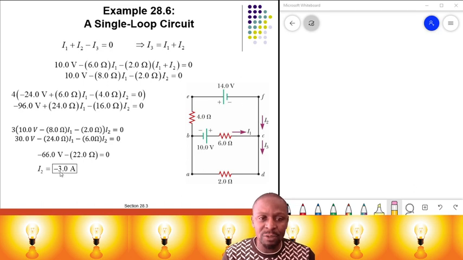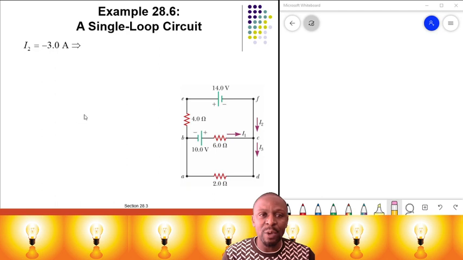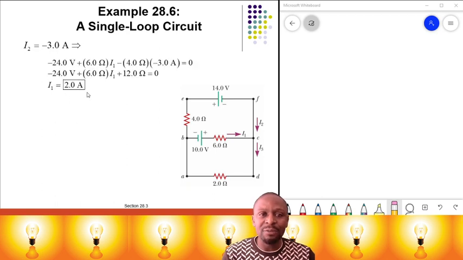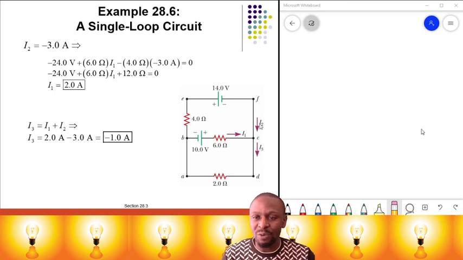Now, if I have I2, then I can use one of the equations to actually get the value of I1. And then if I know the value of I1, I can just add I1 plus I2 in order to get the value of I3, because the value of I3 is nothing else but I2 plus I1. Now, the negative sign also signifies that I3 is not going in this direction, but it is going in the other direction.